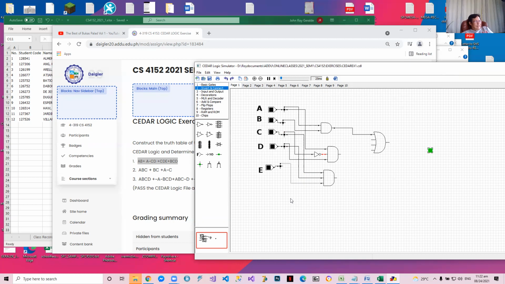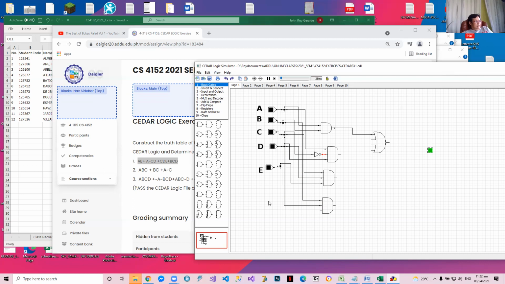And then we need a B, C, D. So we need another basic gate, a 3-input AND gate, which is B, C, D. We connect a B here. That's okay. And then we connect a C. And then we connect a D. We have no more D. We still have a D?